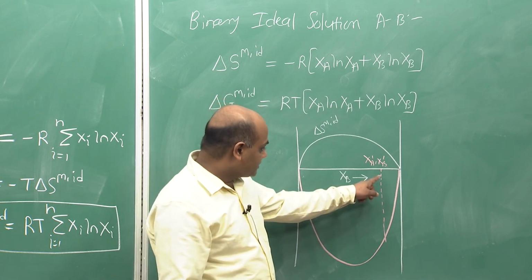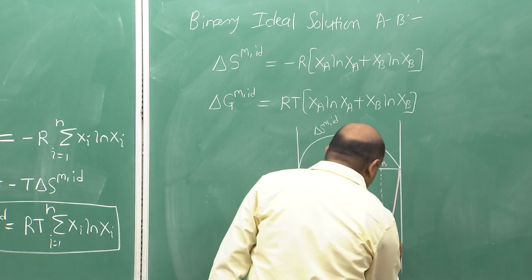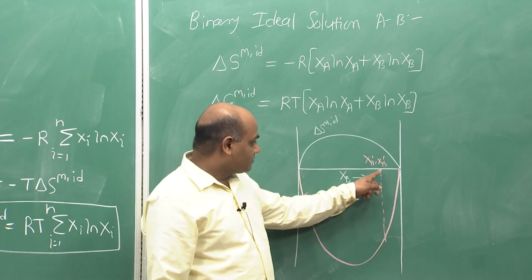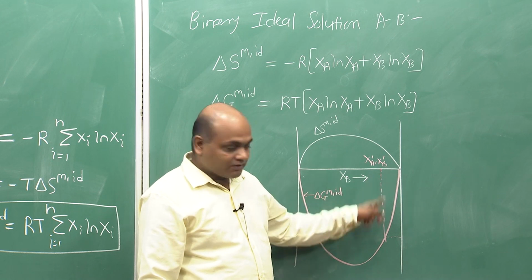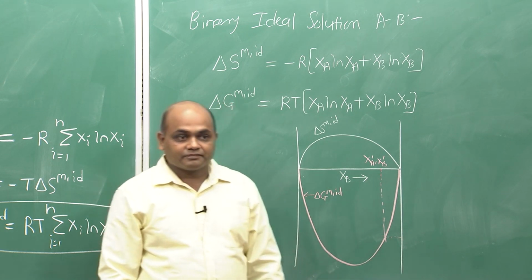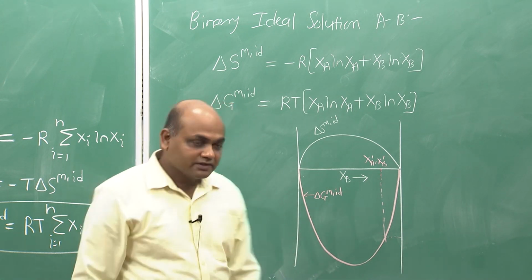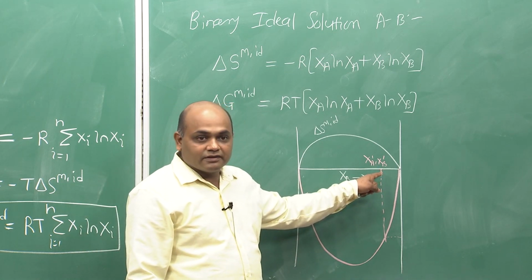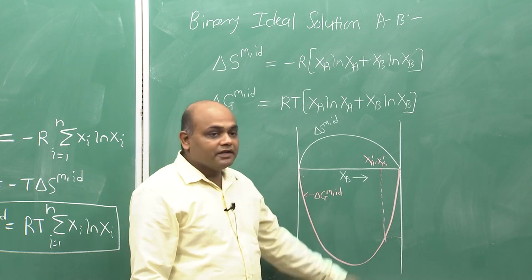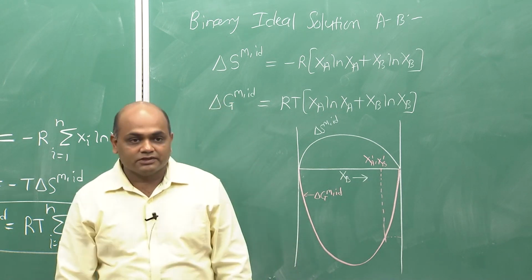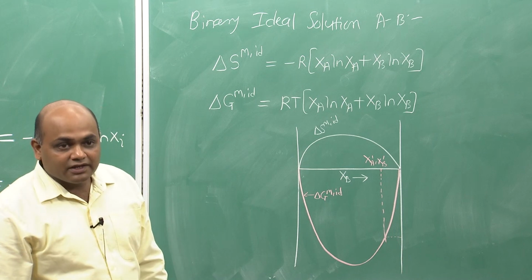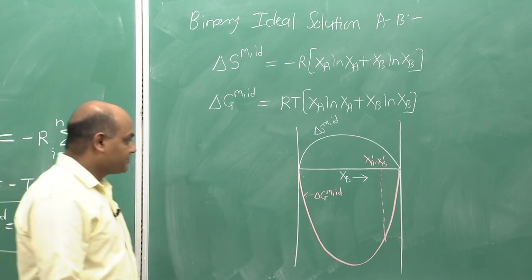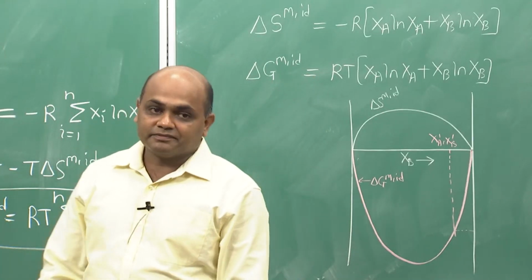What this means is that delta G mixing for an ideal solution of A and B of composition XA1 XB1 is negative, which means if we mix A and B in these proportions, there will be a negative change in Gibbs free energy, which means that the mixing process is an irreversible process. Okay. So, that is the way it has to be interpreted.